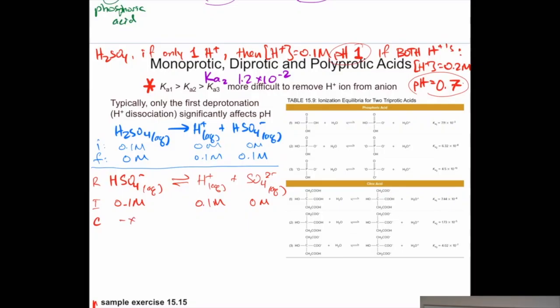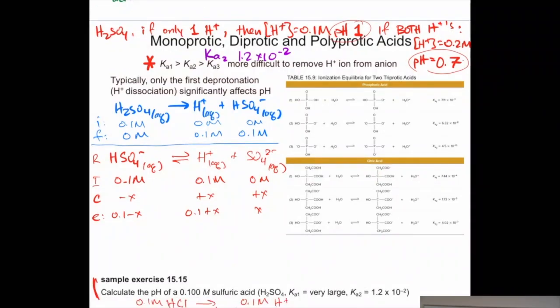Minus X, and this is plus X, and this is plus X. So at equilibrium, we're going to have 0.1 minus X for hydrogen sulfate, 0.1 plus X for hydrogen ion, and X for sulfate ion. Now we can build our equilibrium expression. We know how to do this. This is good review. KEQ is 1.2 times 10 to the minus second. That's equal to the products, 0.1 plus X times X, divided by the reactants, 0.1 minus X.